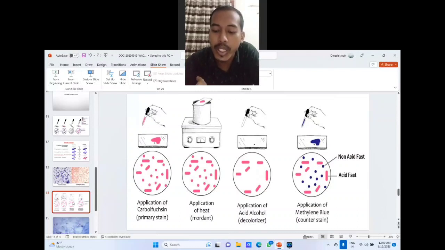Then when you use the counter stain methylene blue, they take the color of methylene blue and you can see them blue in color.